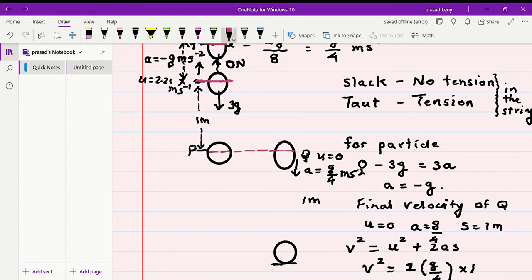So when Q travels 1 meter down, P will travel 1 meter up and come to the point X. Now, since the acceleration of both the particles is the same, with whatever velocity the particle Q reaches the ground, here the final velocity of particle Q is 2.21 meter per second.